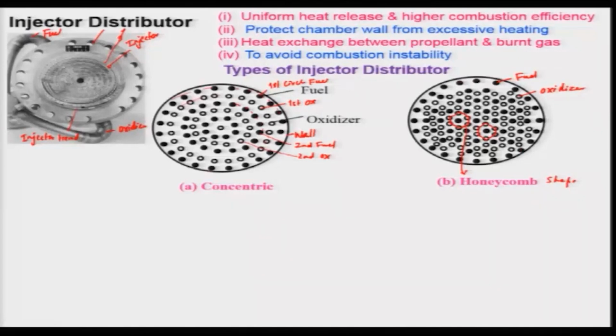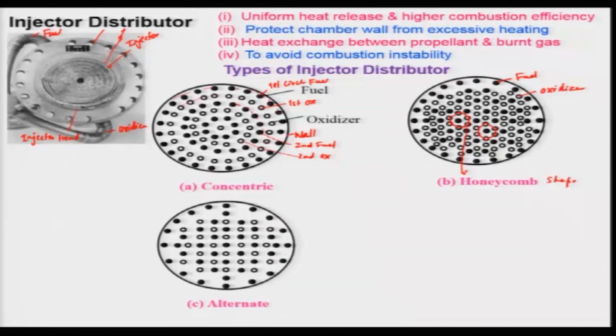There is another one which is used, known as alternative. That means, if I go from here, this is your oxidizer, this is your fuel, and this is your oxidizer. So, it goes in an alternating way.